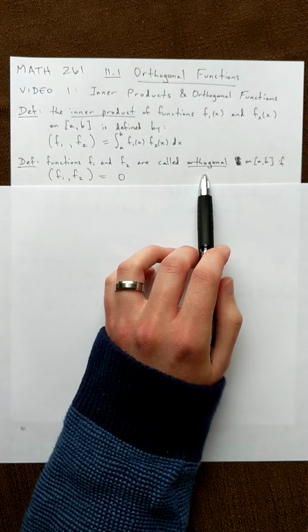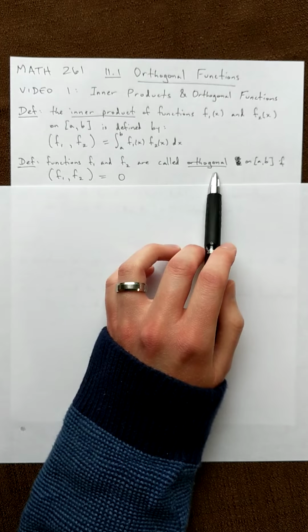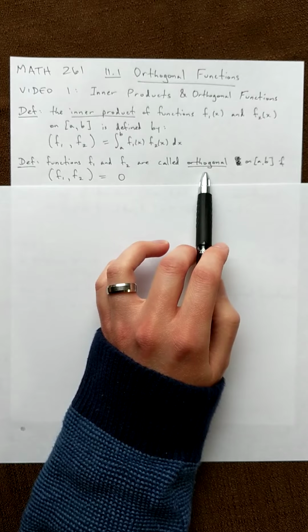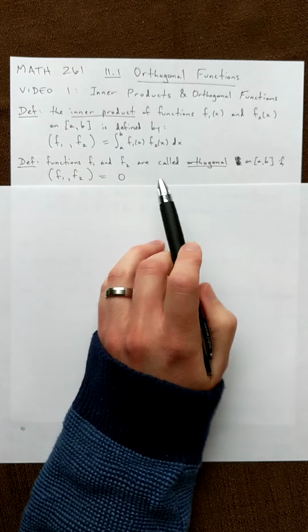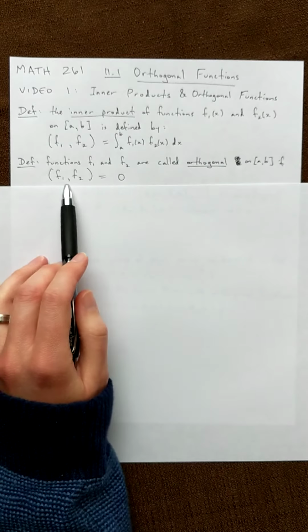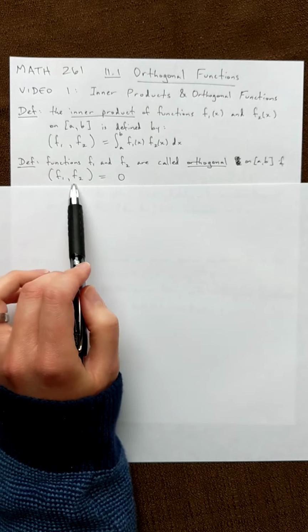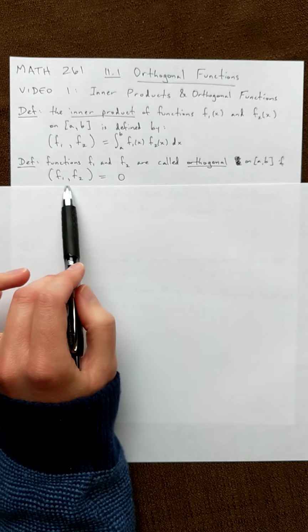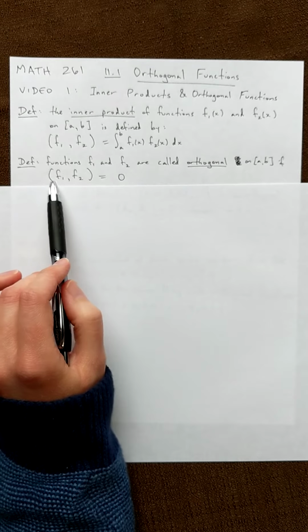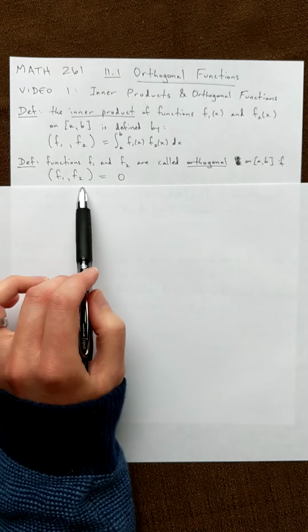Basically, it means we're going to be able to do the same things that we could do for vectors, like projections and such, if this is our equivalent of perpendicular. Two functions are orthogonal if the inner product is 0. And I should have mentioned the inner product has this funky notation: we just put the two side by side in parentheses to say, okay, this is the new product.